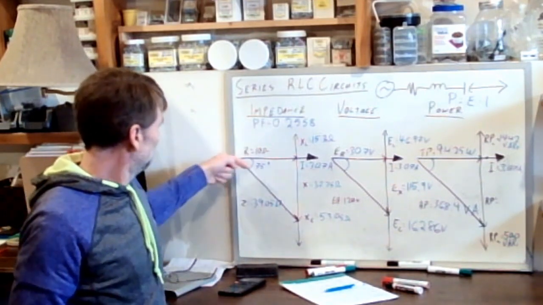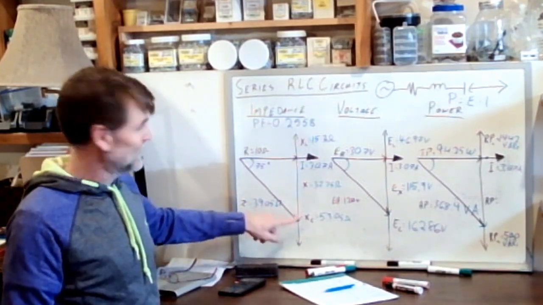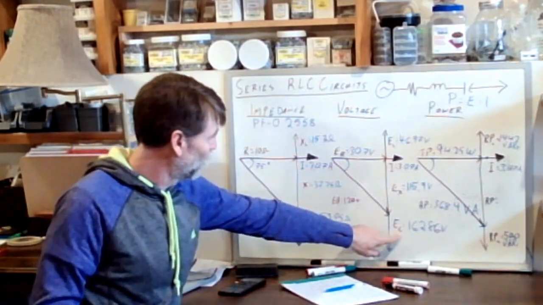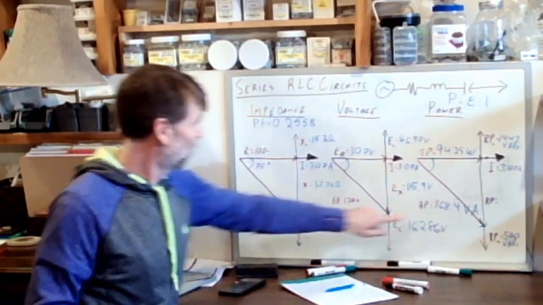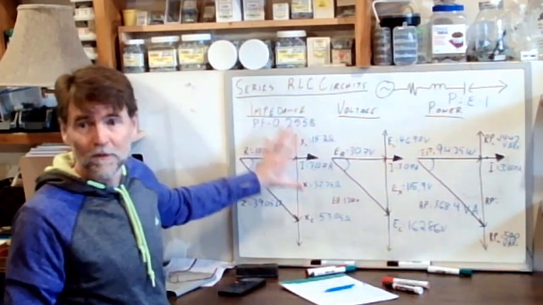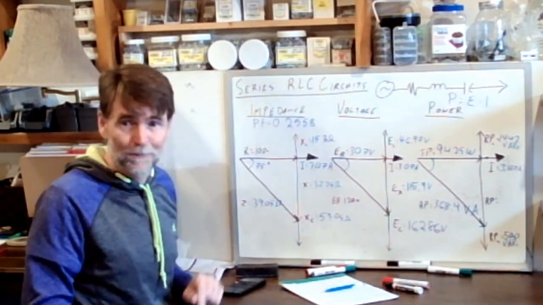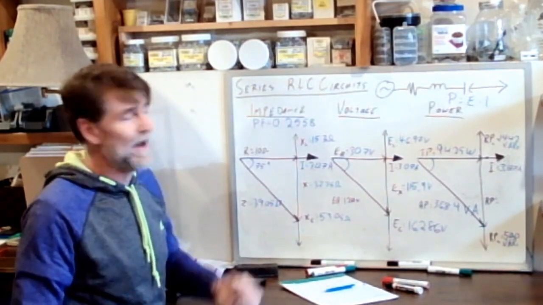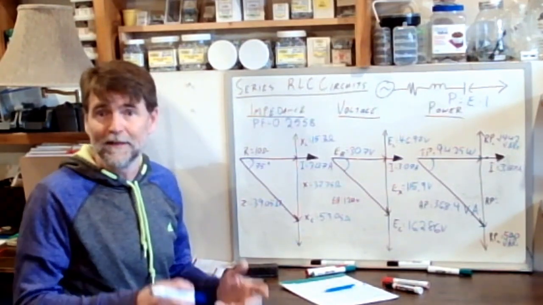Because the resultant vector ends up pointing towards the capacitive portion of our vectors, we have a capacitive circuit. When we have a capacitive circuit, what's leading what?